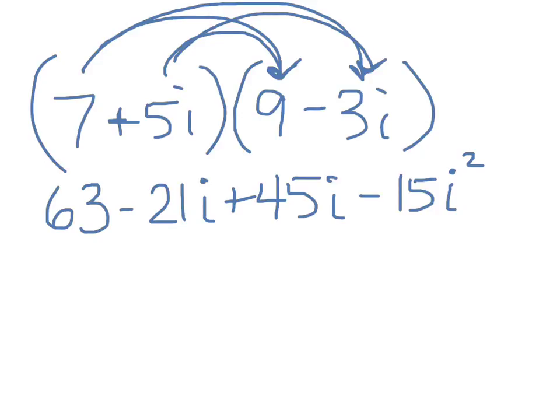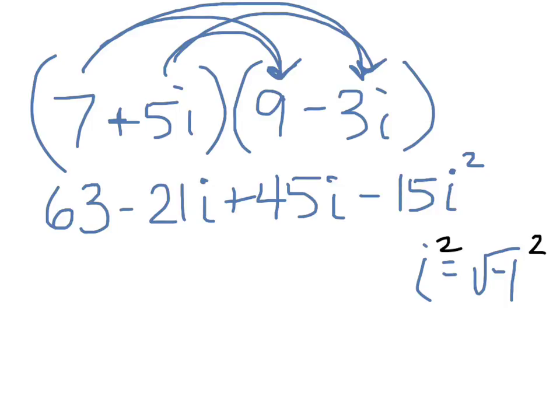You guys, by the way, great job. In the initial lesson, what did I tell you i was equal to? Square root of negative 1. Good. So if i itself equals the square root of negative 1, what's i squared equal to? If I square both sides, what do a square and a square root do? They cancel each other out.